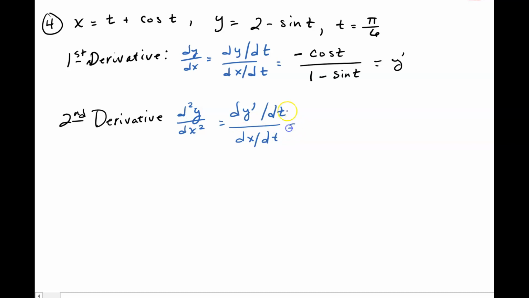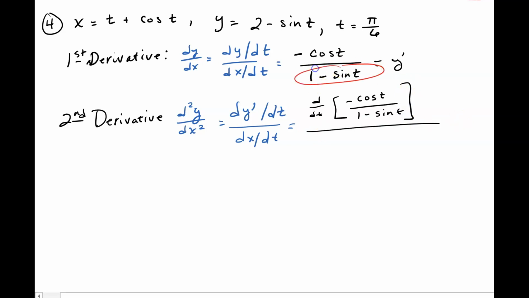I think this one should solidify the process for you, because you are going to take the derivative of the y prime, which was negative cosine t divided by 1 minus the sine t, a quotient, divided by the dx/dt, which was the original derivative, 1 minus the sine of t.